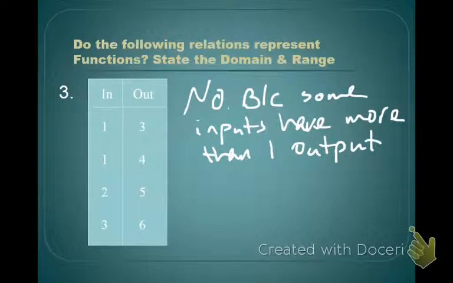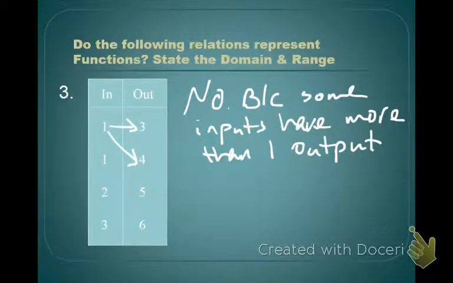Is it starting to make a little bit of sense? The fact that one can go here and basically here. I mean, I know 1 is listed twice, okay? But if we put an input of 1 into our function, we might get 3 or we might get 4. That doesn't make any sense, okay? So we can't do that. So this is no.